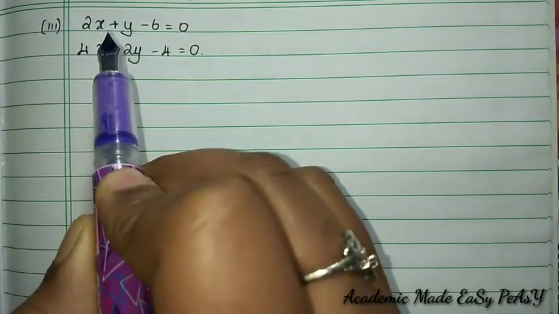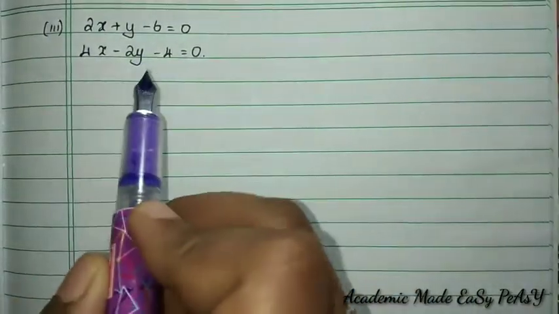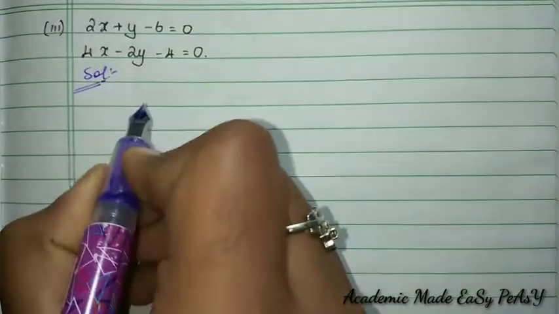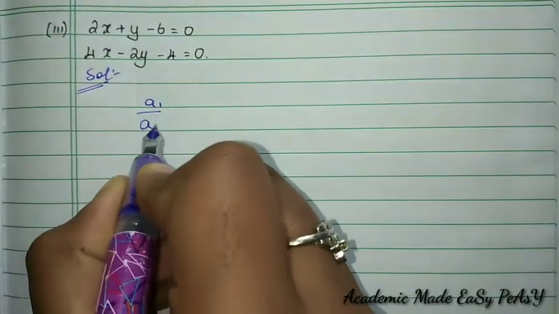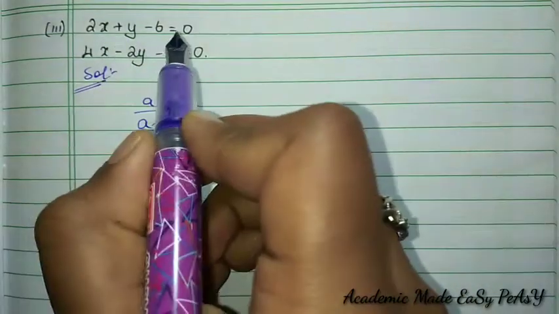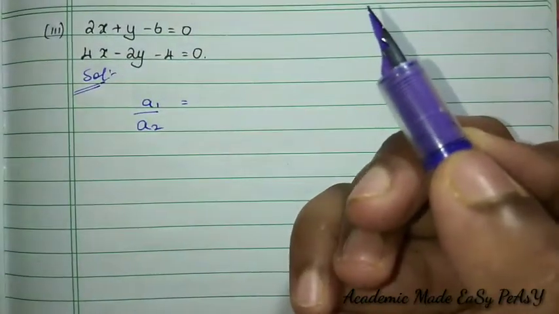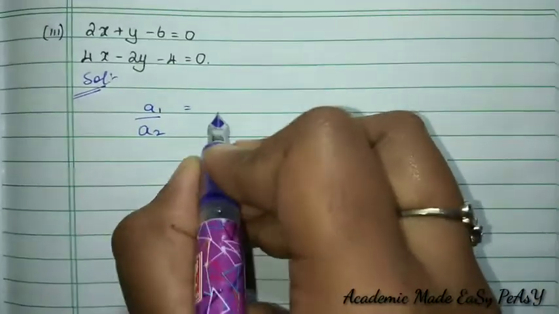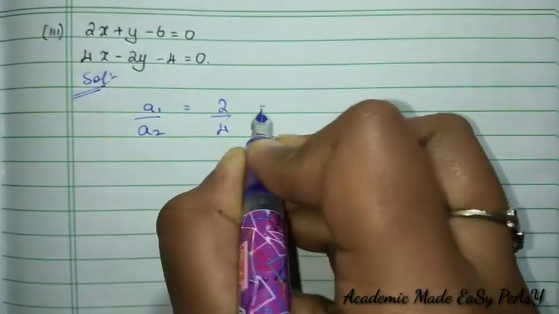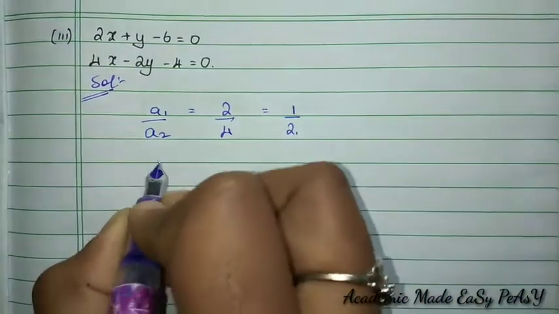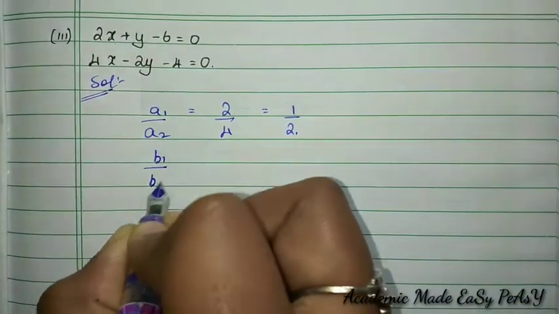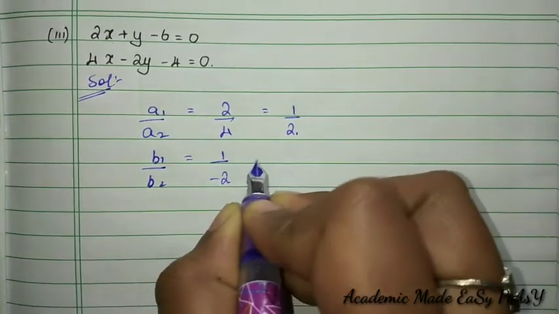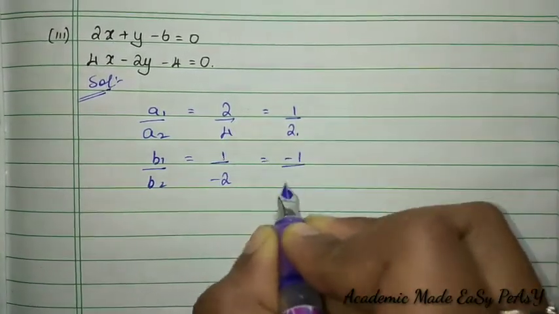Subdivision 3. Here also two equations are given. Now let us find the ratios. Since this is in standard form, we can directly start finding the ratios. a1 by a2 is equal to 2 by 4, which is 1 by 2, and b1 by b2 is equal to 1 by minus 2, which is minus 1 by 2.